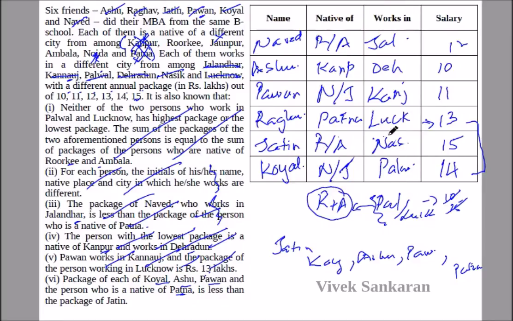So that was a key point, rather than going with a fixed approach, trying to fix whether I should fix name, native, works and salary. It's better that we start with the free flow. I know it's a 6x4 matrix, but if I fill up the matrix initially rather than trying to use the grid method, which a lot of people use, this will be much faster.